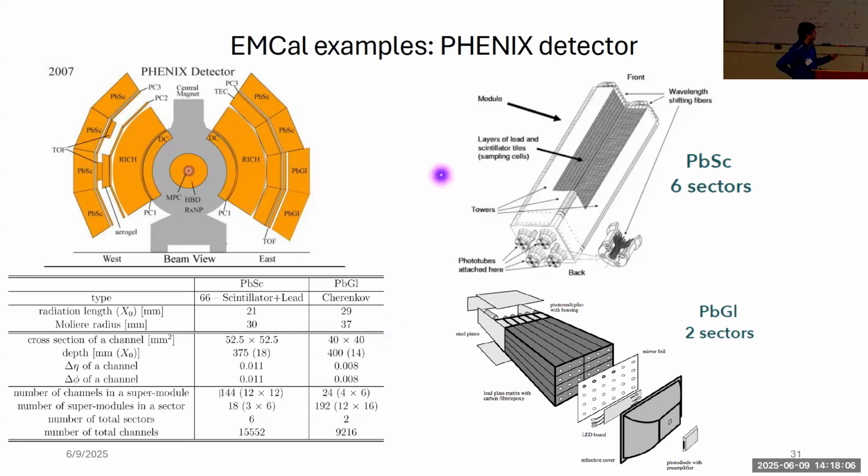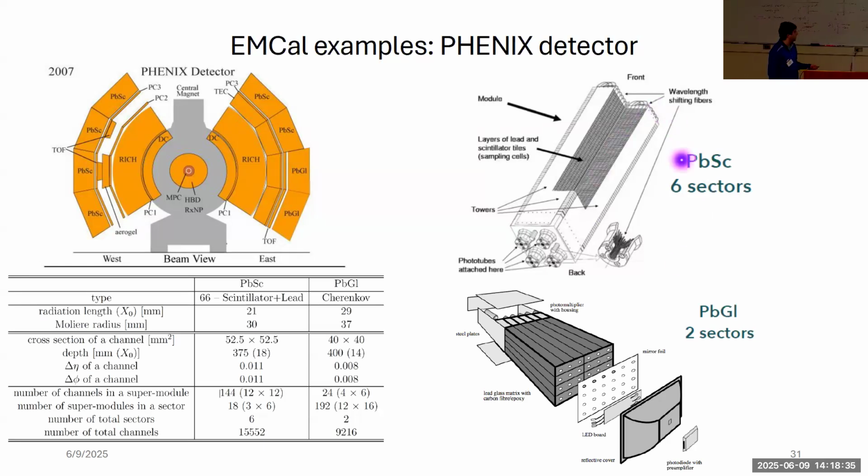They had this lead scintillator calorimeter, a Shashlik type, with alternating layers of lead and scintillator plates. They ran wavelength shifting fibers through the calorimeters and used them to pick up light created in the scintillating plates, and then ran those fibers to the back where they were attached to photomultiplier tubes.